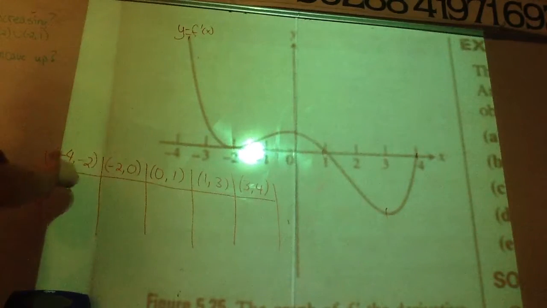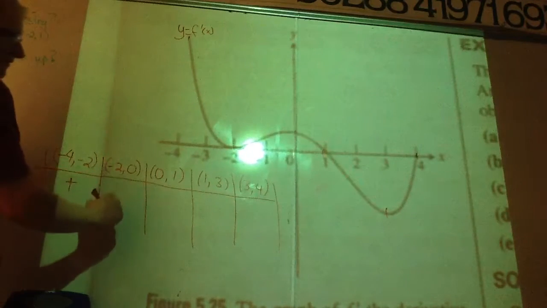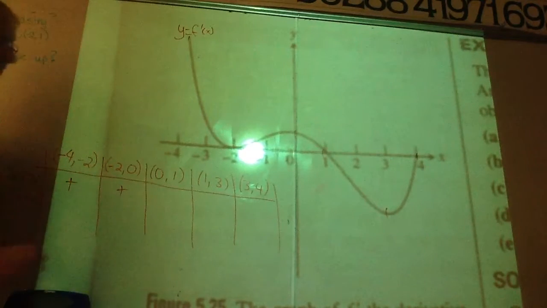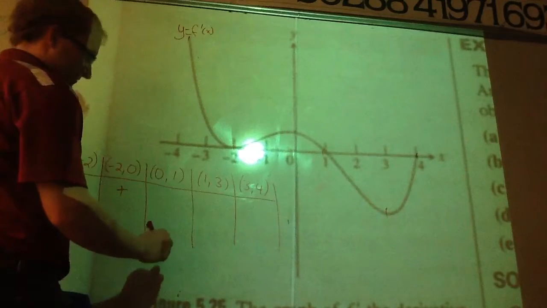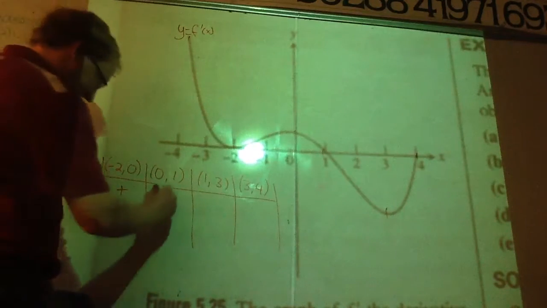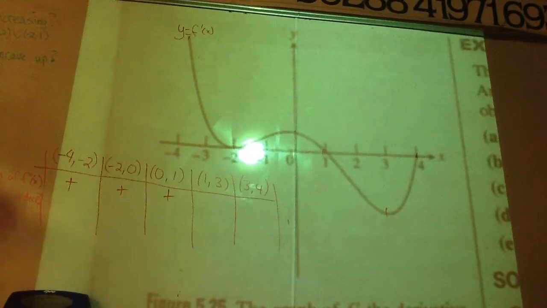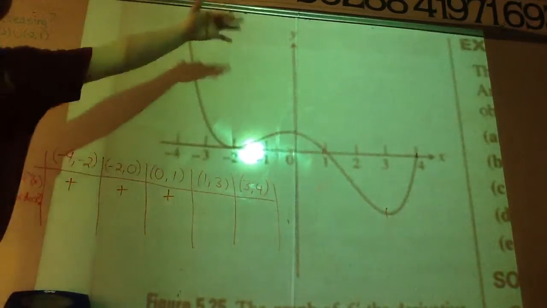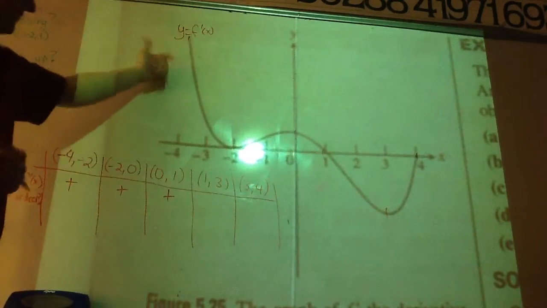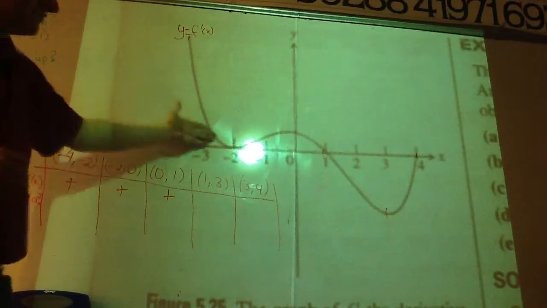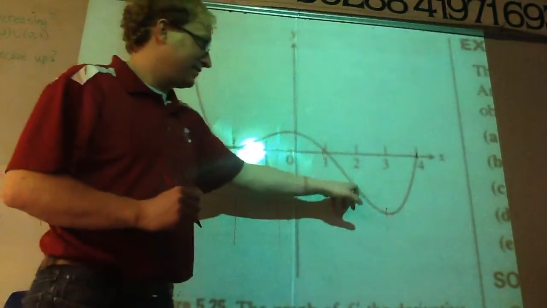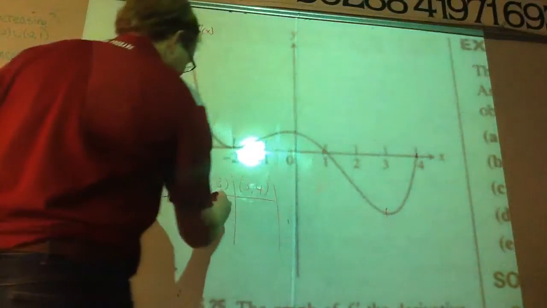So from -4 to -2, it's positive. From -2 to 0, still positive. From 0 to 1, positive. From 1 to 3, negative. All we're looking at is if it's above 0 or below. This is our derivative. So it's positive, positive, positive, negative, negative, negative.